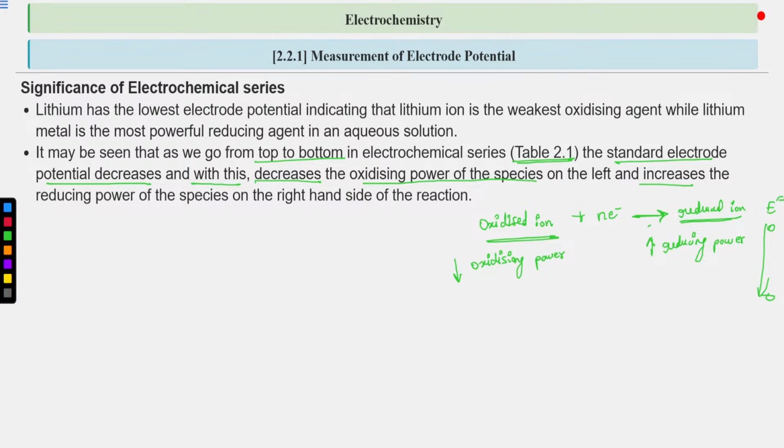This is what this line is saying on the right hand side of the reaction. Okay, this is the reaction. You can again see the table present in your NCERT textbook, marked as Table 2.1. So with the decrease of E naught value, the oxidizing power of the oxidized ion is decreasing, and the reducing power of the reduced ion is increasing.